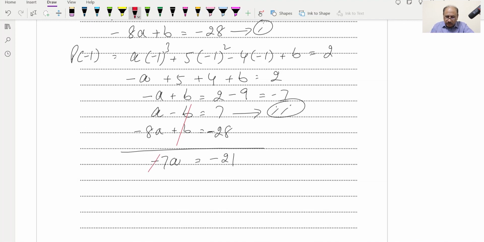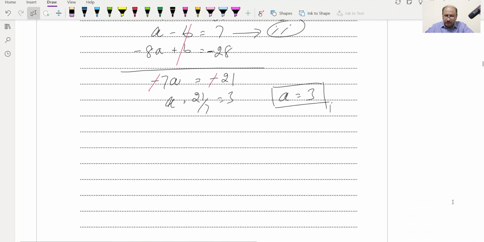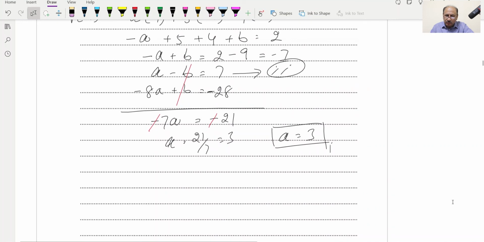So we can cancel the minus from both sides, so a will be equal to 21 over 7, which is equal to 3. So a is equal to 3. We got the a value, and now we can replace this a value in any of these two equations which we got.